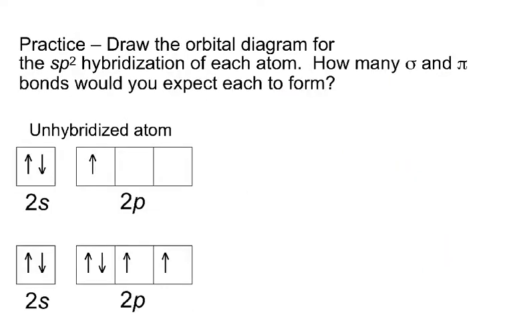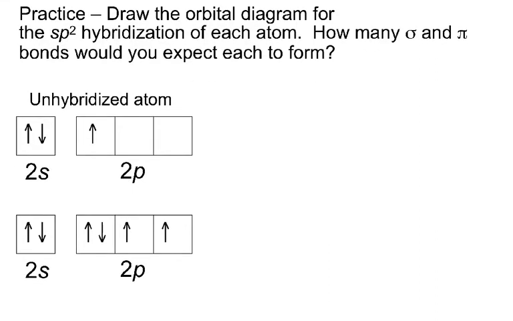So let's practice. Draw the orbital diagram for the sp2 hybridization of each atom. And then how many sigma and pi bonds would you expect each to form? So our unhybridized atom there, if we hybridize it, so this is sp2, 1 s plus 2 p orbitals gets me 3 of those. And then, actually let me draw this a little higher in energy.